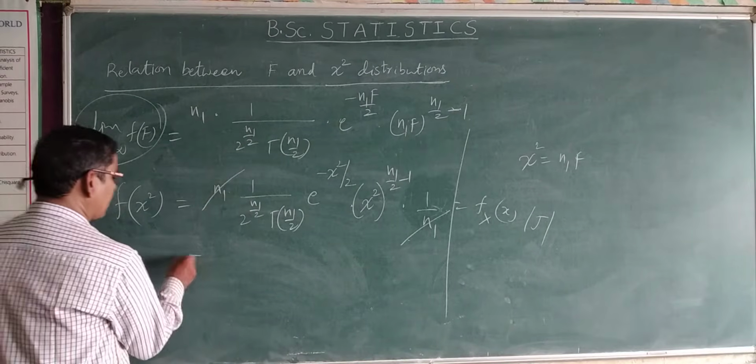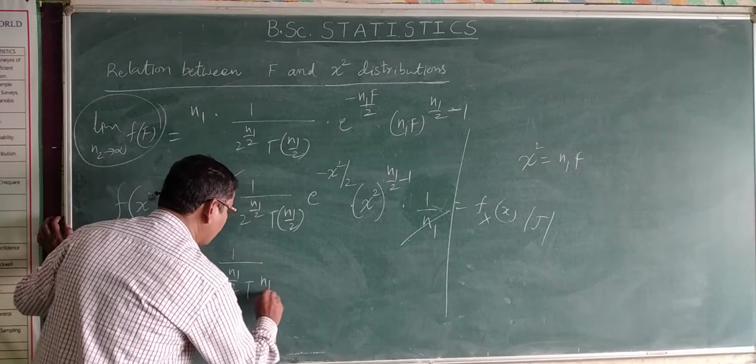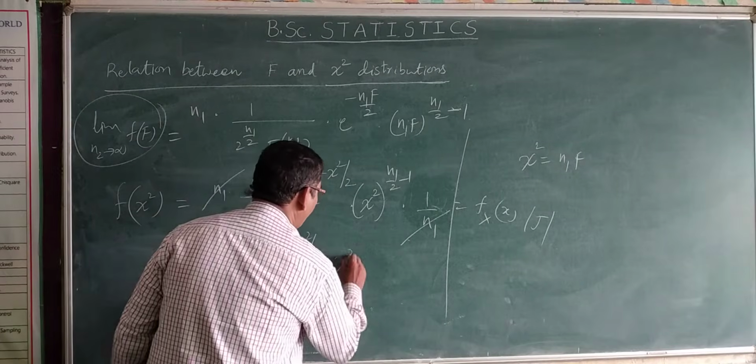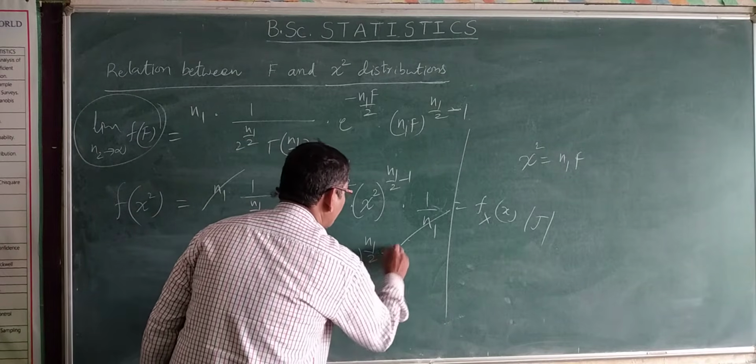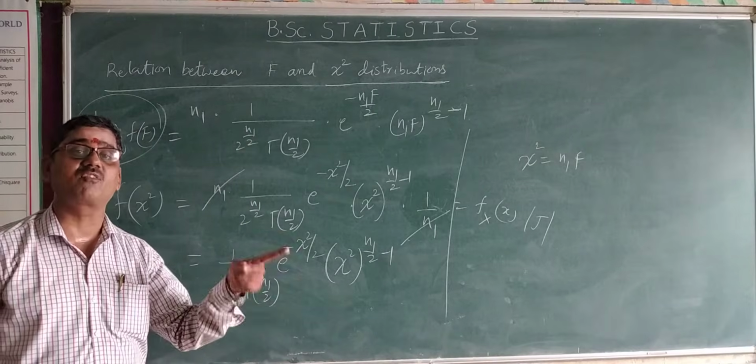So what is the remaining formula? 1 by 2 power n1 by 2 gamma n1 by 2, e power minus chi square by 2, and chi square whole power n1 by 2 minus 1. This is the probability density function of chi square.